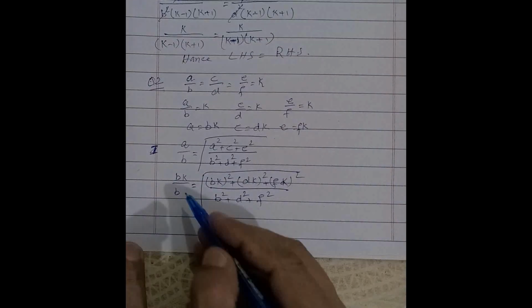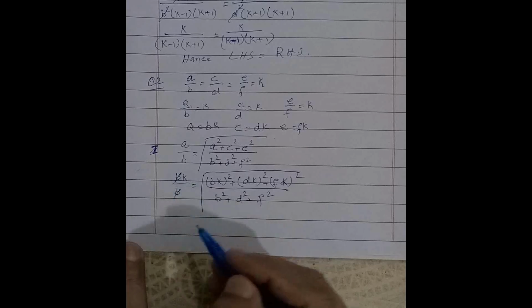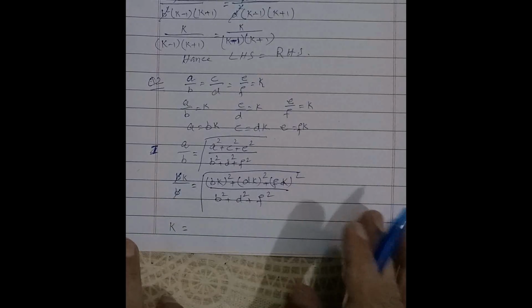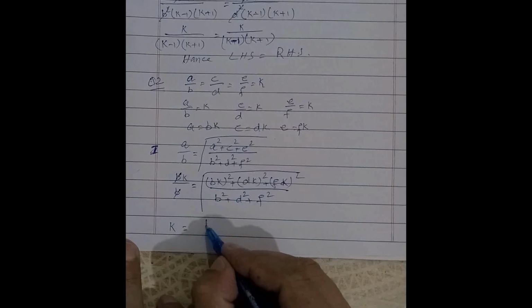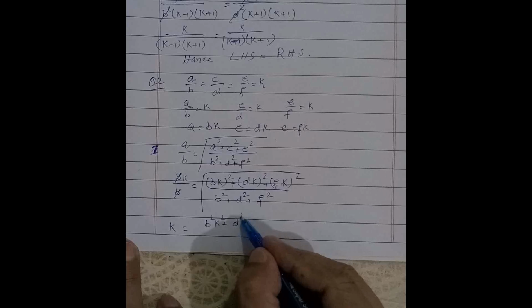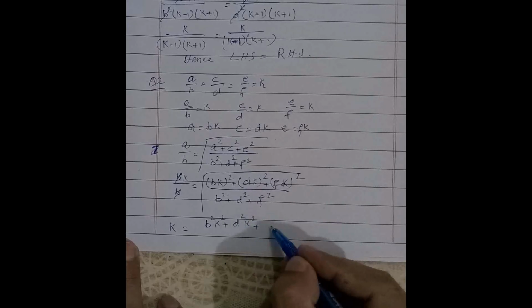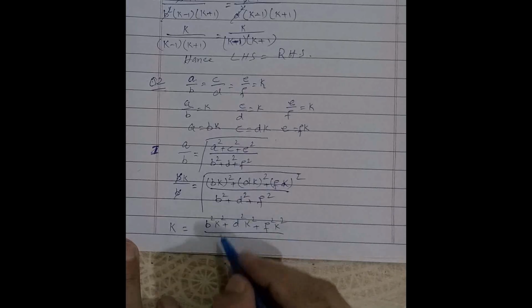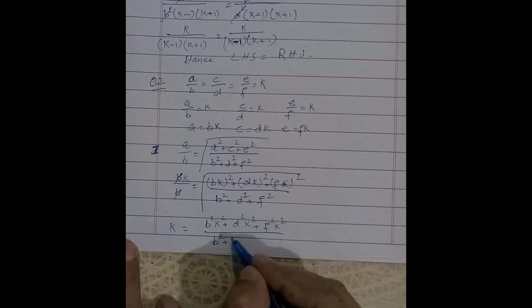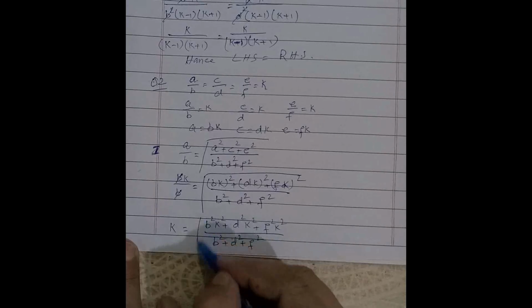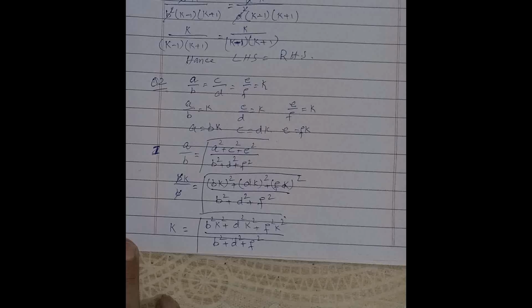Now the left hand side we simplify. b cancels with b, we have k, and on the right hand side we solve it: b squared k squared plus d squared k squared plus f squared k squared over b squared plus d squared plus f squared, whole square root.